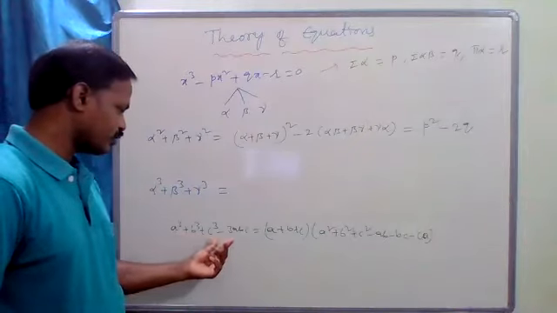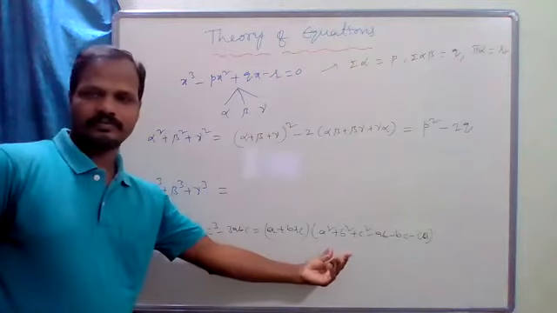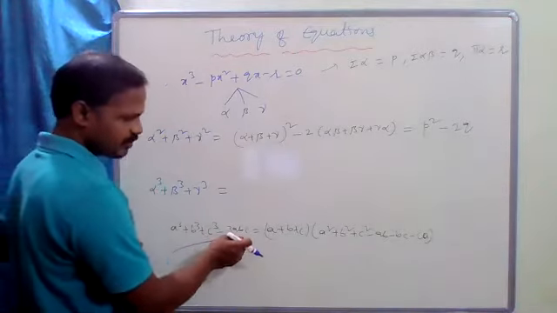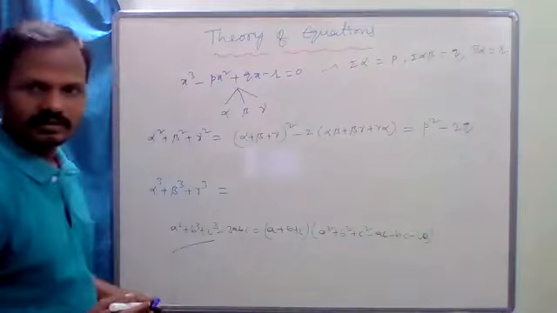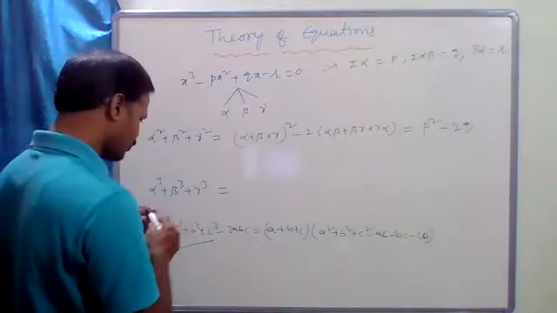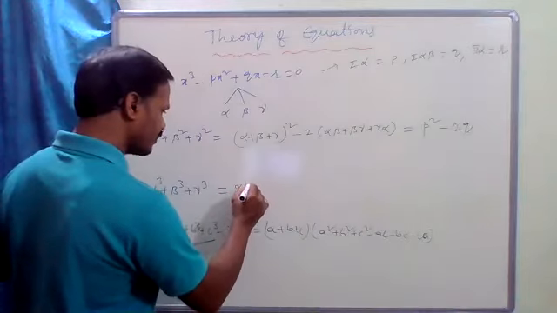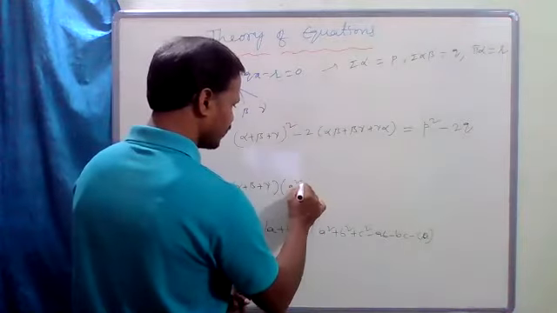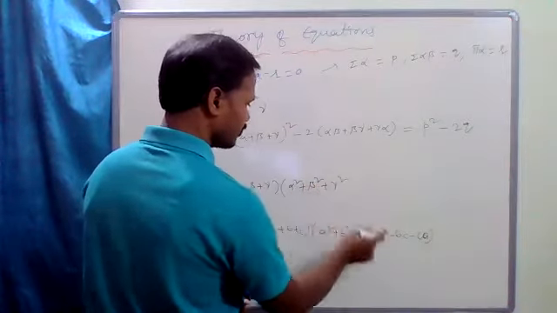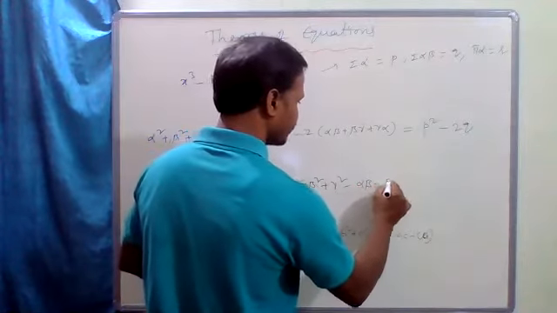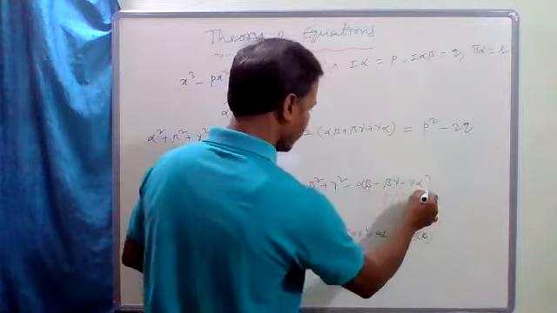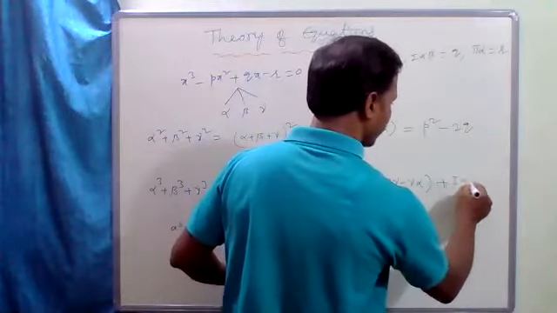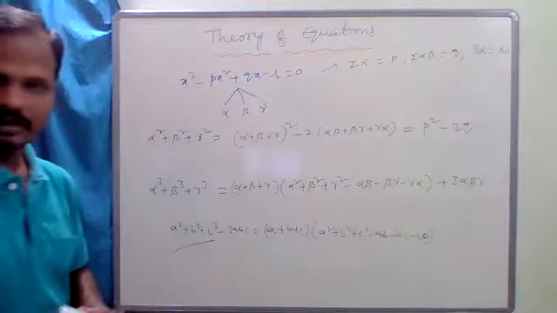Now you have to find this value. That means minus 3abc moves to the right side. So how can we write this one? Alpha cube plus beta cube plus gamma cube equals (alpha plus beta plus gamma) into (alpha square plus beta square plus gamma square minus alpha beta minus beta gamma minus gamma alpha), and minus 3abc moved to the right side becomes plus 3 alpha beta gamma. Is it clear? This is the formula.